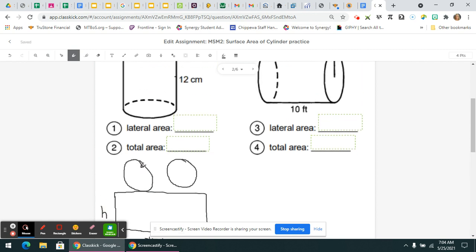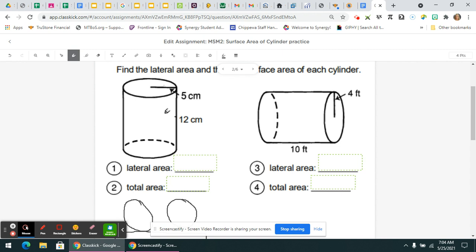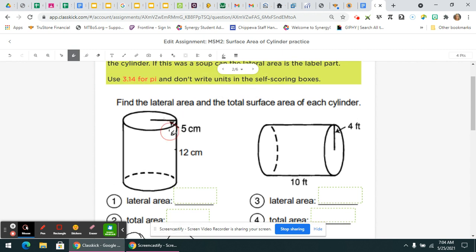So if I look back up in my problem here, I need to point out a couple of things. First of all, my radius is equal to 5, which means my diameter, I'm going to put this on here too, is equal to 10. Because I'm going to need the diameter, I'm going to use my radius, and I see the height of this whole cylinder, h equals 12.